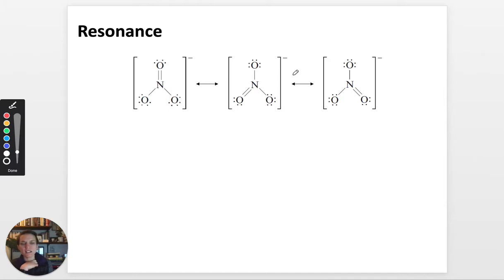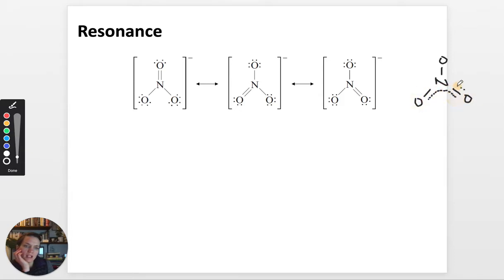And what we see in our resonance structures is that all 3 of these combined describe the physical makeup of this molecule. So when we look at our resonance structures, their aggregation is actually the best description.